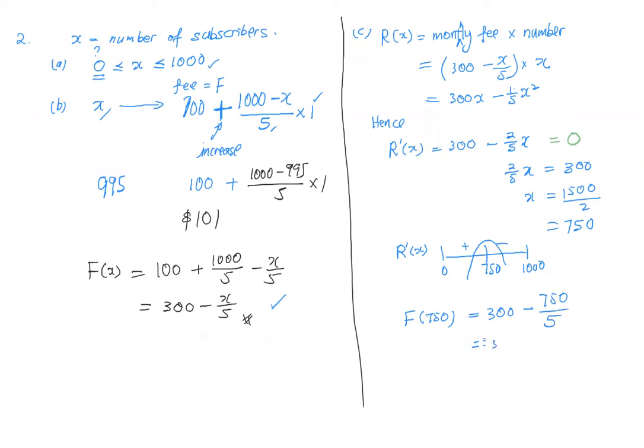So it's 300 minus 150, so it's 150. You cannot increase further. If you increase further, your revenue will be less than this. So this is the maximum monthly subscribing fee so that it will result in a maximum revenue. Are you okay?